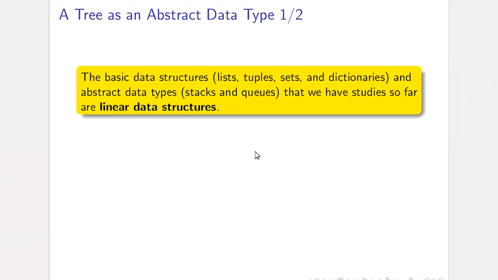Let's move on to the last part of our lecture series on data structures for problem solving. I want to discuss the tree abstract data type with you. The basic data structures that we looked at, like list, tuple, set, dictionary, as well as the abstract data types that we have discussed so far, stack and queue, are all what we call linear data structures.